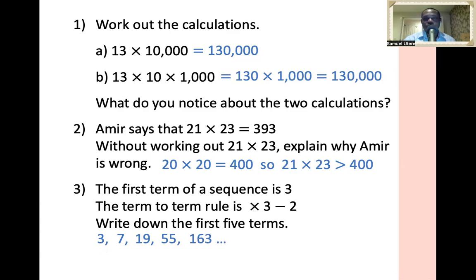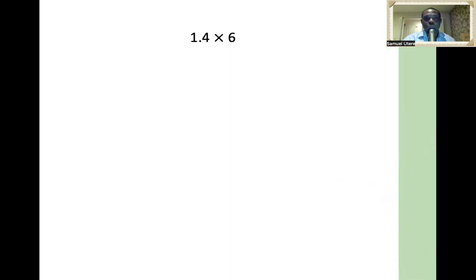If you do not remember this, you can refer to our lessons where we did term-to-term rules. So the first term is 3. The second term is 3 times 3, which is 9, minus 2. And then the terms will be 19, 55, and 163. Okay, next one.